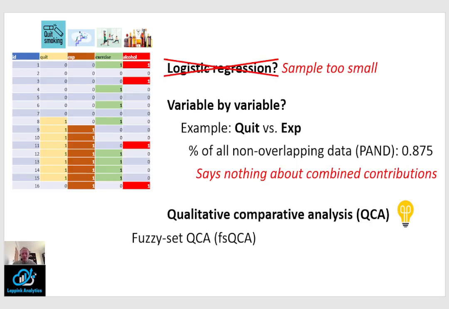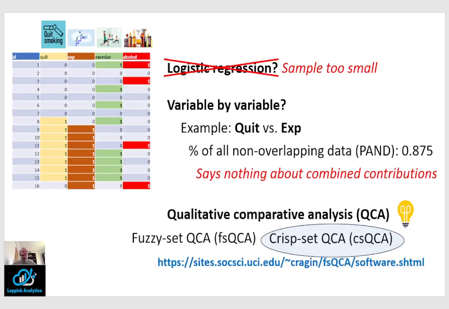And when we deal with dichotomous variables, we speak of crisp set qualitative comparative analysis, which happens to be the case in the study at hand. Now, there are several programs to perform such analysis, including the freely available fsQCA program that you can find via the link here, and I also used for the dataset at hand.